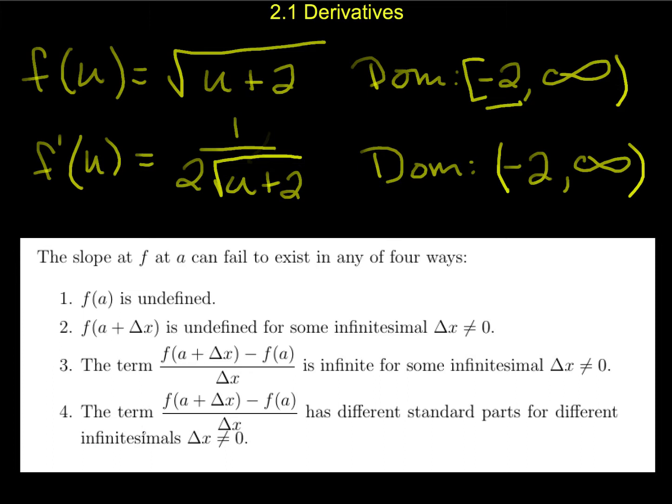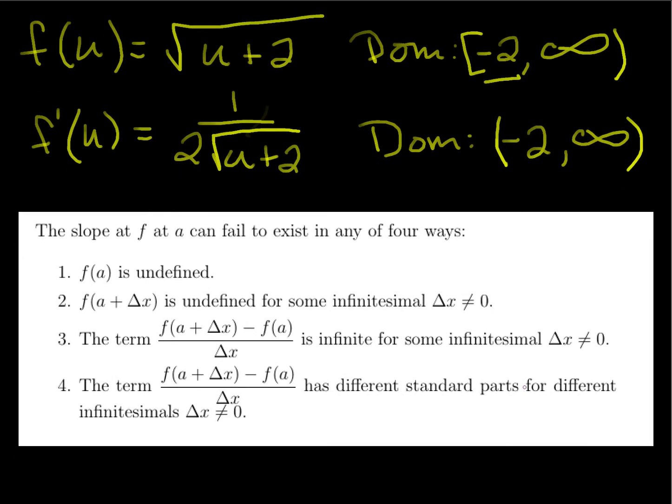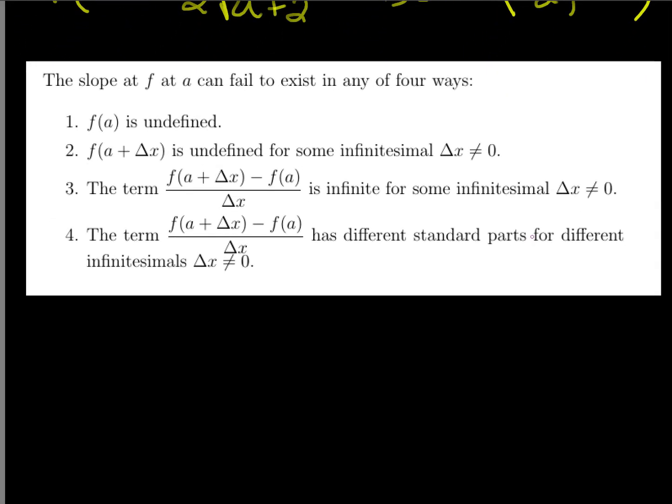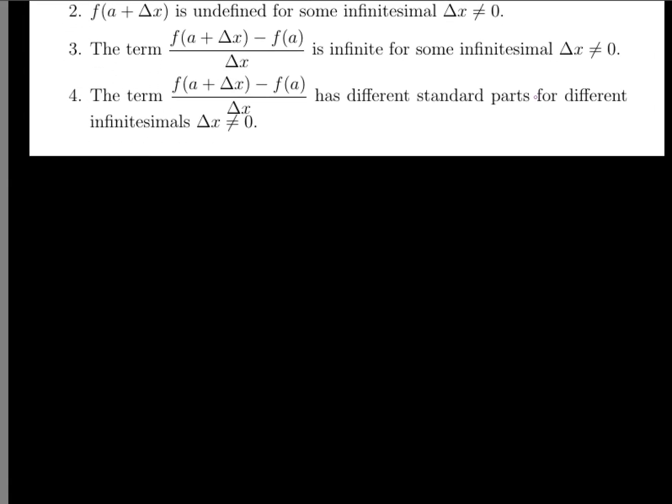And then we're going to look at another example where you could have different values for different standard parts. The classic example for that is the function f of x equals the absolute value of x.